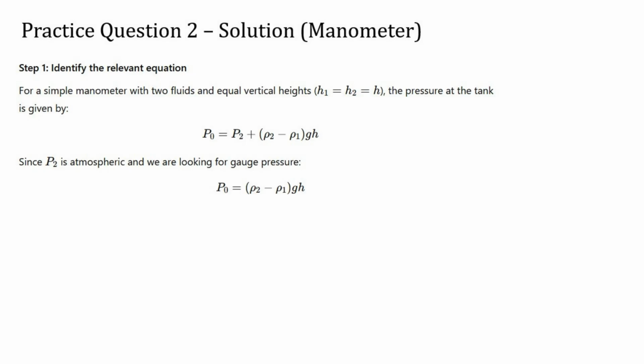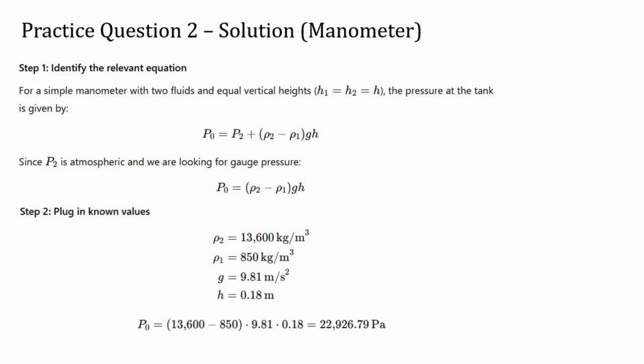The pressure at the tank can be found by taking the difference in pressure between the mercury column and the lighter fluid column. That difference depends on the difference in fluid densities, the gravitational constant, and the vertical distance between the fluid levels. Substituting the given values, we get a difference in densities of 13,600 minus 850, which equals 12,750 kilograms per cubic meter.